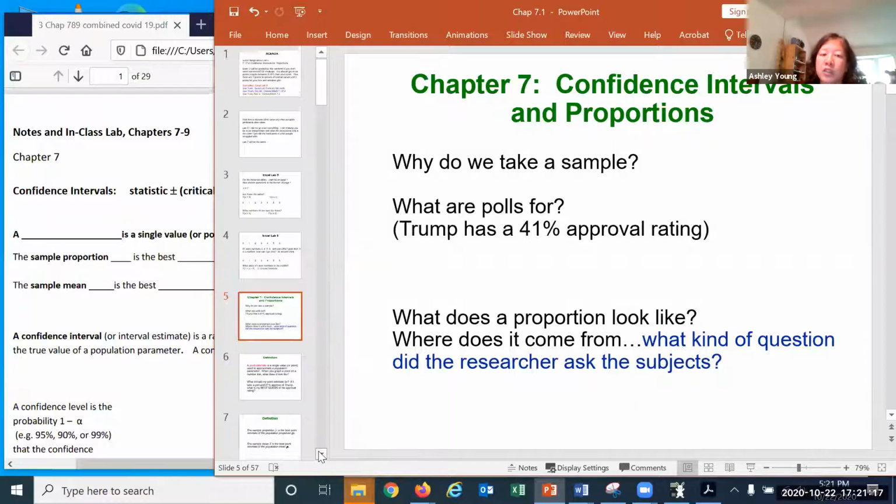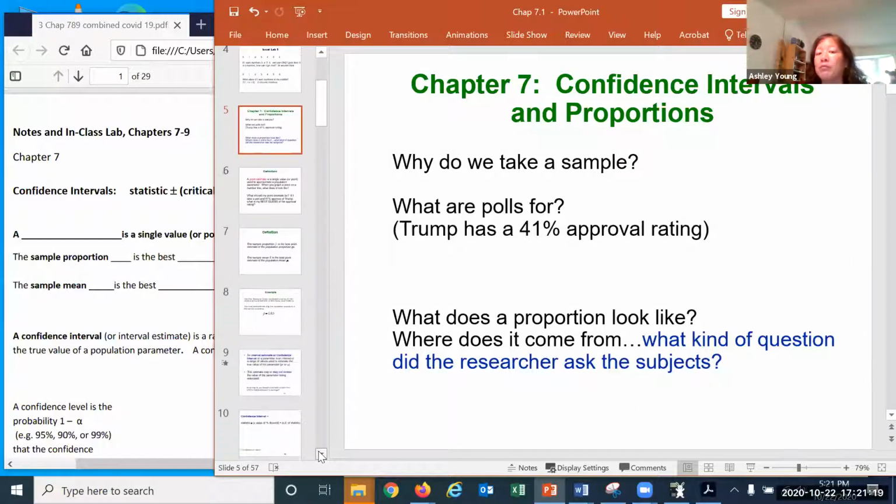All right, so the first question is, why do we take a sample? What are polls for? For example, I take a poll, Trump has a 41% approval rating. Why did I take that poll in the first place? To make inferences. Yes, to make inferences. Explain to us in layman's terms, what's an inference about?